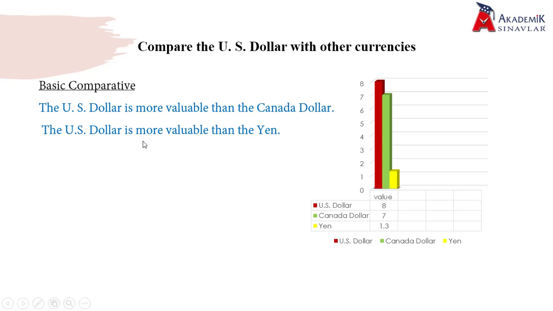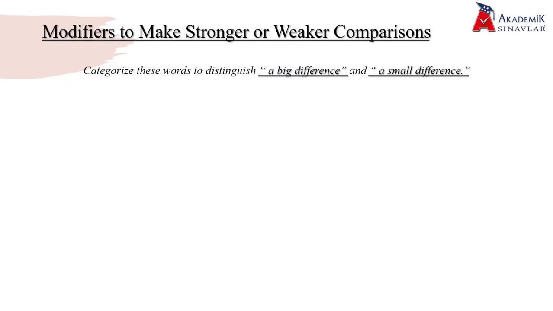What do you think if I say, however, these two sentences, despite being grammatically correct, do not give precise information because, as the chart shows, the difference between the US dollar and the Canada dollar is not the same as the difference between the US dollar and the yen. Therefore, we need some other words to show this difference.